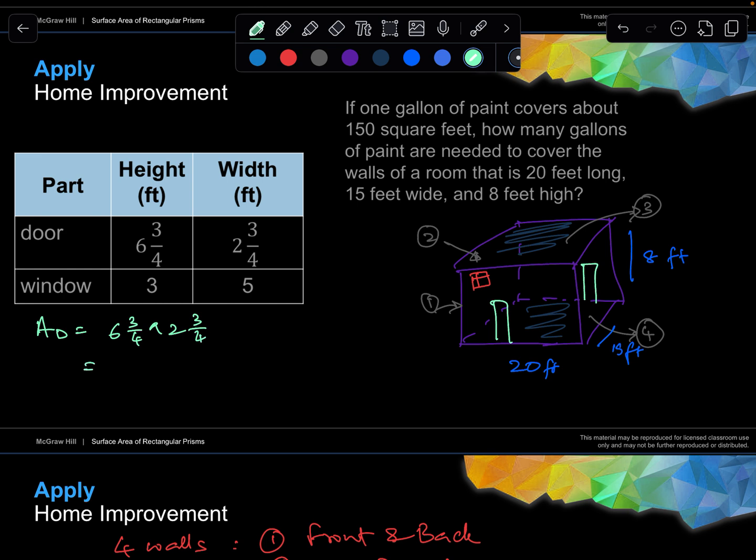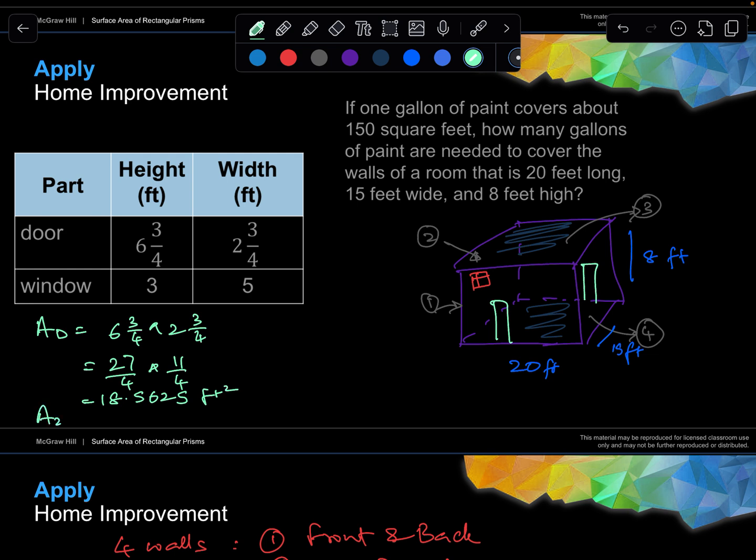If I were to write this as an improper fraction, that's 27 by 4 times 11 by 4. I'm going to actually convert it into decimals over here, 6.75 times 2.75, which gives me 18.5625 square feet.